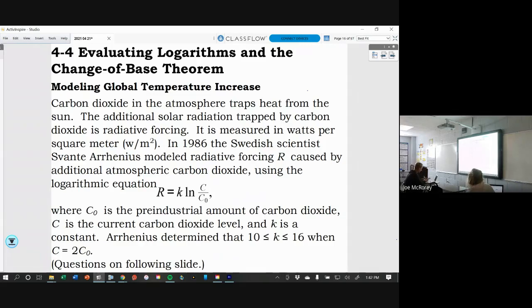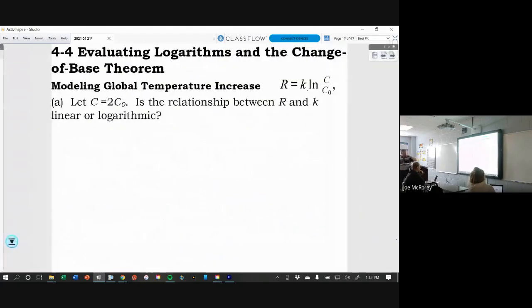That's just the background in a problem. That makes sense. Okay? Here's the question. There's the equation. It says let C equal 2C naught. Which means what are we going to do to the C? We're going to plug that in place, right?